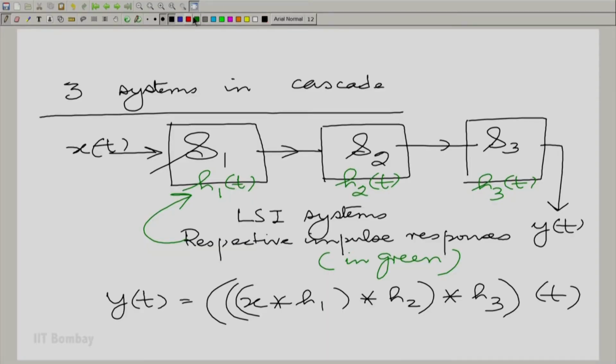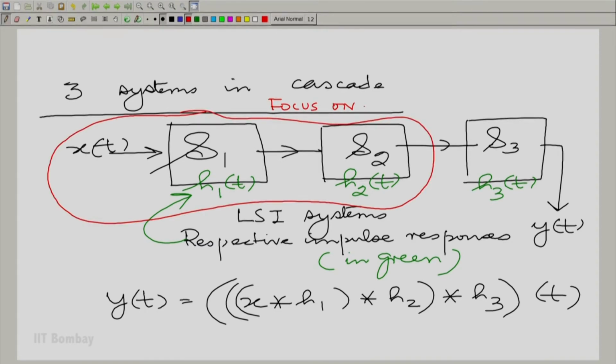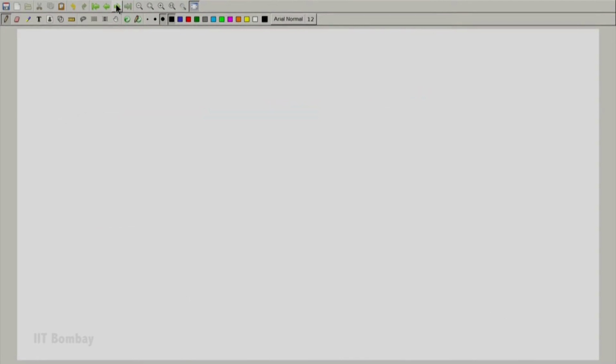In fact, what we will do is, first let us consider only the first two systems. Let us focus on only the first two systems and look at the intermediate output here. Let us call this y1 of t, and let us write down an expression only for y1 of t for the moment. Let us not bring in too much, we will take three systems later.